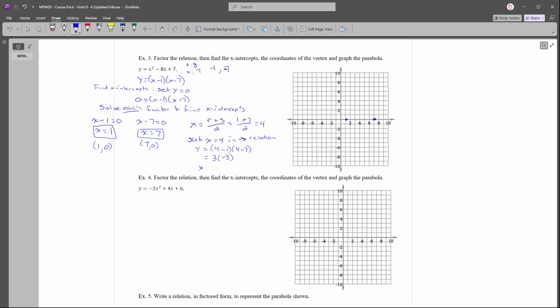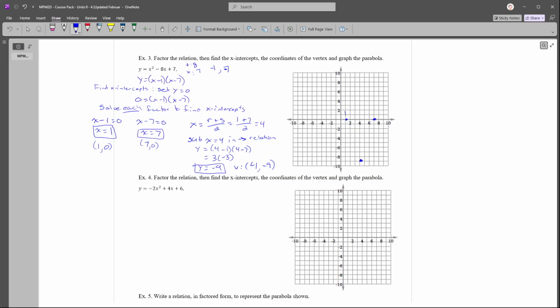That tells me that y is equal to negative 9. So our vertex is located at (4, -9). So we go to 4 and all the way down here to negative 9. It doesn't actually ask us for anything else. It just asks us for the x-intercepts and the vertex and to graph it.